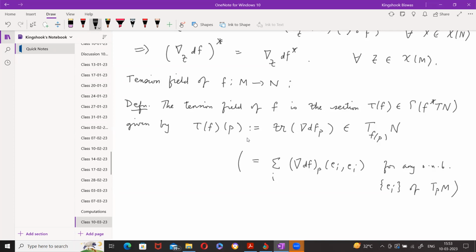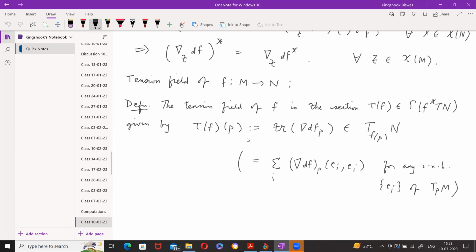That's all. So in fact, we'll show later that you can actually compute this as the Laplacian of f composed with the inverse of the exponential map on N. That's a computation we'll do next time maybe.